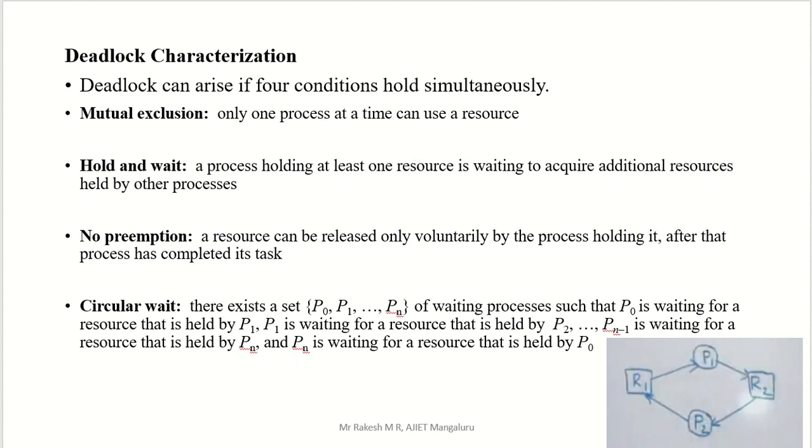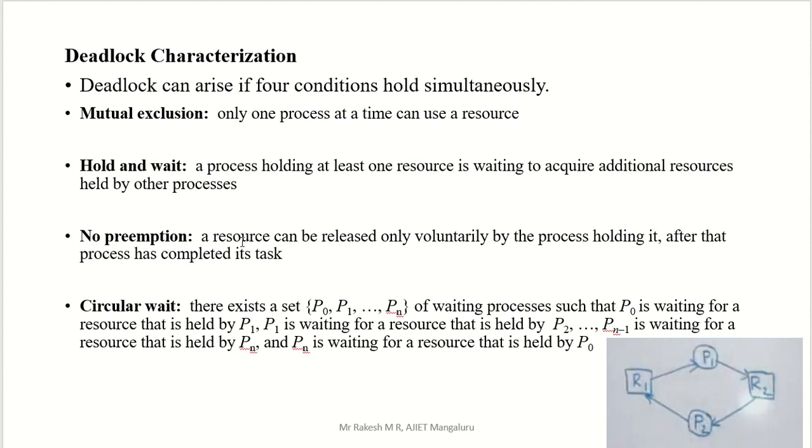Third thing is no preemption. A resource can be released only voluntarily by the process holding it, after that process has completed its task. No preemption means it is holding one thing.